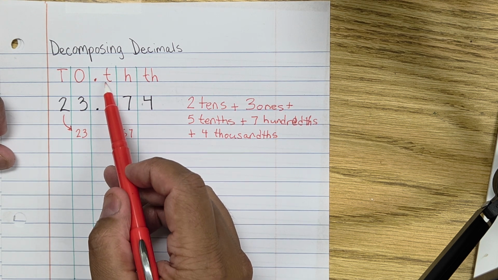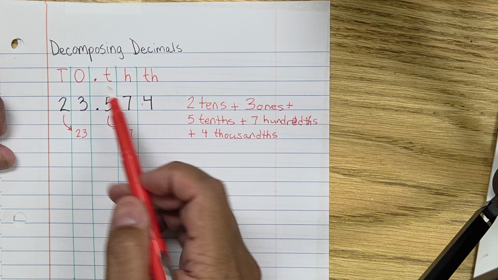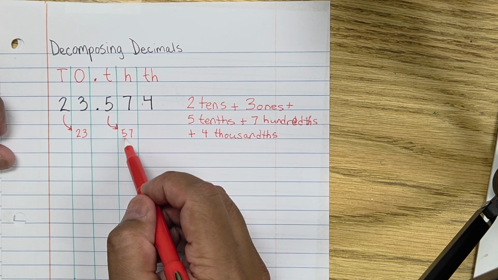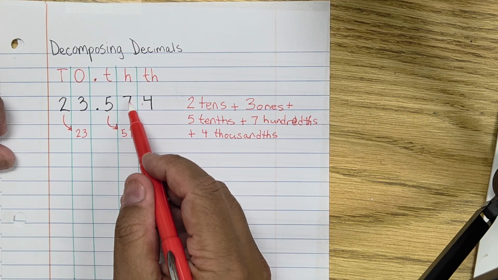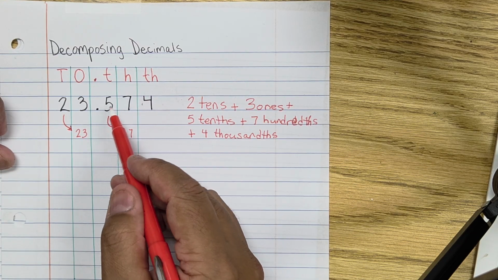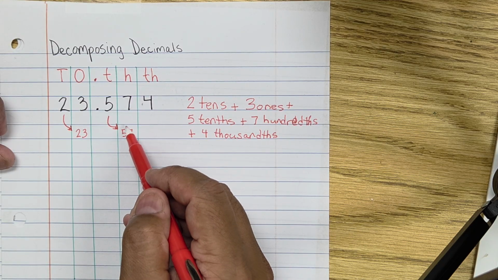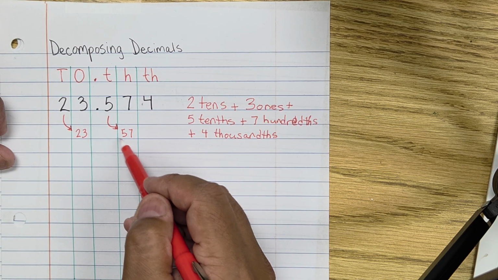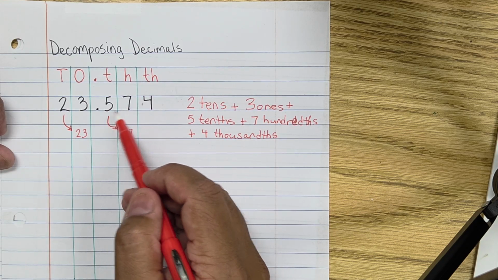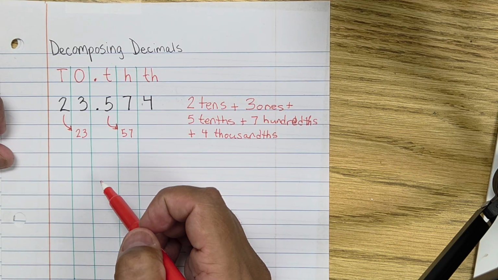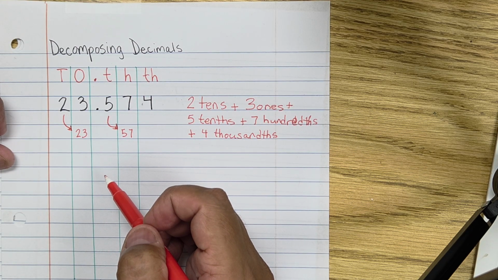It takes 10 of this place value to make the next one. So instead of 5 dimes and 7 pennies, because hundredths is like pennies, if we put this over here, we have 57 pennies. So 57 hundredths would be like having 57 pennies. This gives me 57 cents, and so does this. Okay, that's the way you want to think about decomposing decimals.